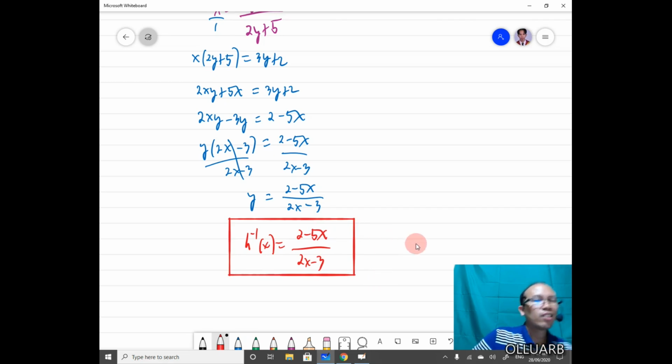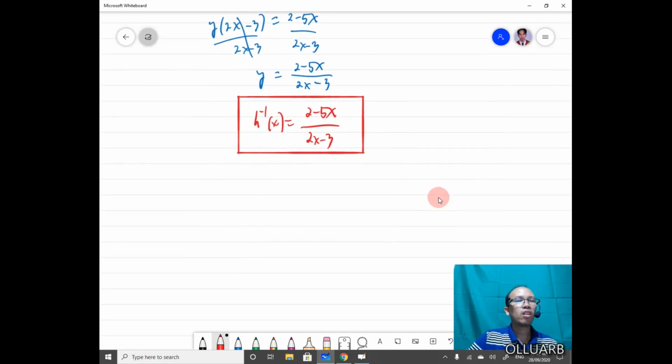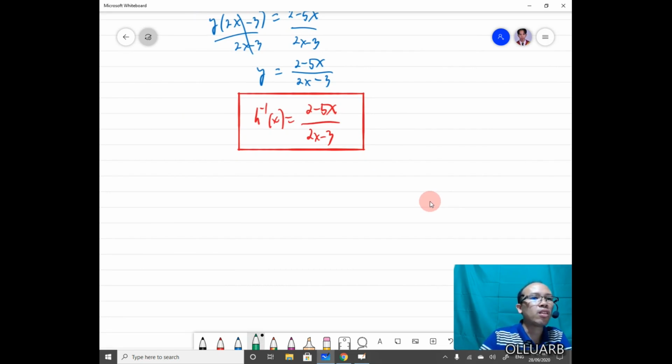Note, one of the properties of the inverse of a function is that the domain of the function f is equal to the range of the f inverse, and the range of the function is equal to the domain of the f inverse.